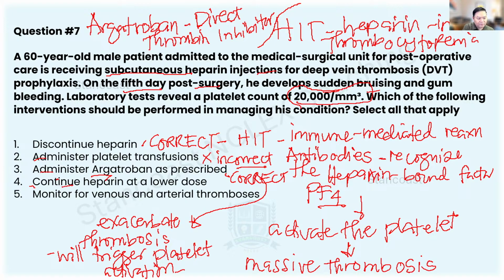Number 4, continue heparin at a lower dose. That is wrong. Number 2 is wrong. Number 4 is wrong. Monitor for venous and arterial thrombosis. What do you think about that? Is that going to be one of the interventions? Yes. Remember that the patient with HIT is at higher risk to develop thrombotic events.